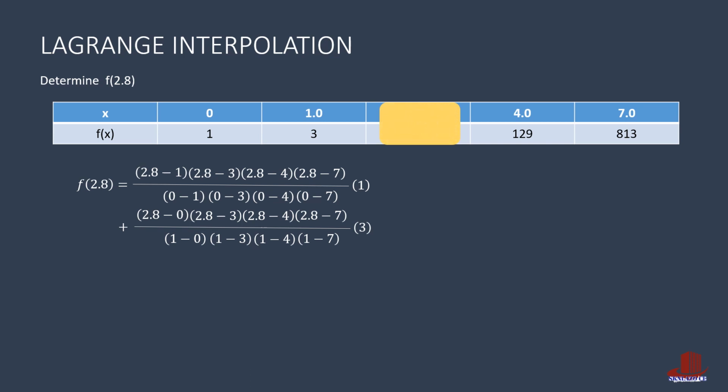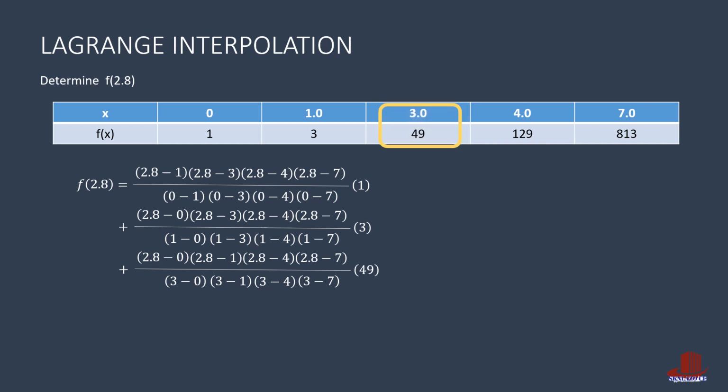Cover the next data point to have the third term with numerator of 2.8 minus 0, 2.8 minus 1, 2.8 minus 4, and 2.8 minus 7. The denominator uses the covered x of 3 minus 0, then 3 minus 1, 3 minus 4, and 3 minus 7. The multiplied y for the term is 49.